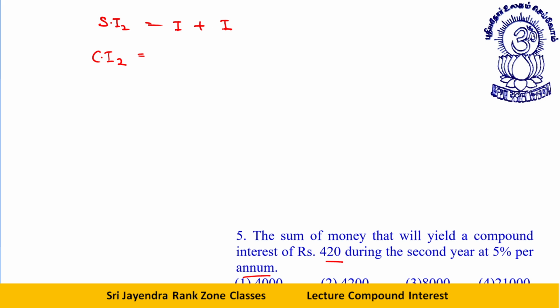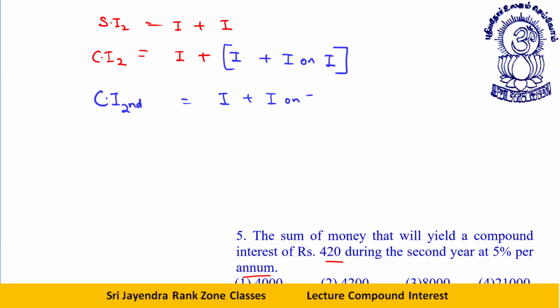That is I plus I. Compound interest for 2 years will be I plus I, plus I on I. So this is what CI for second year is. CI for second year is I plus I on I.